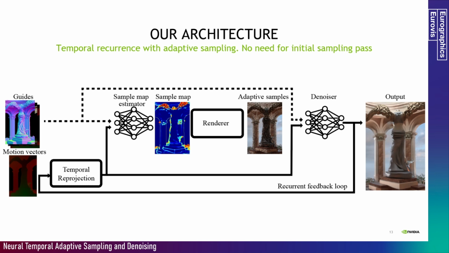And the thinking here is that wherever the temporal reprojection is successful, the final denoised output is a pretty good guide of how many samples we would want to send to a region. And wherever the reprojection fails, then we don't have any temporal reuse anyway, so we are likely going to want to sample these areas pretty densely. And the additional information given by a 1 sample per pixel initial sampling pass is actually quite low.